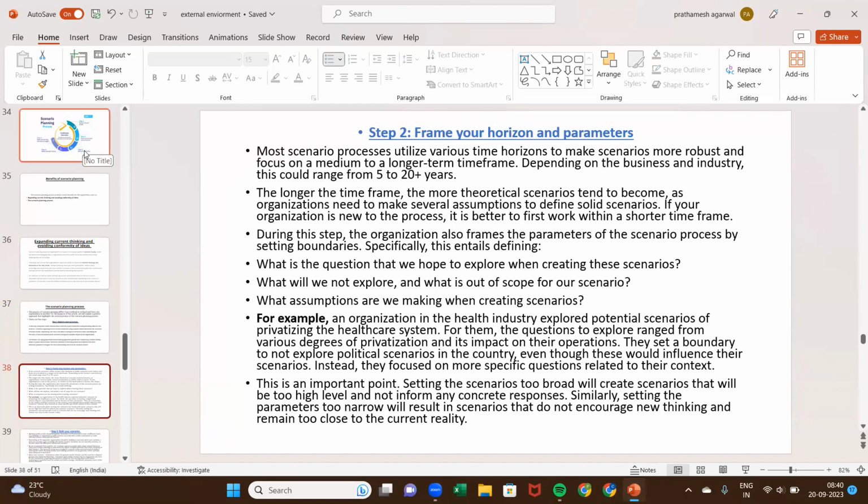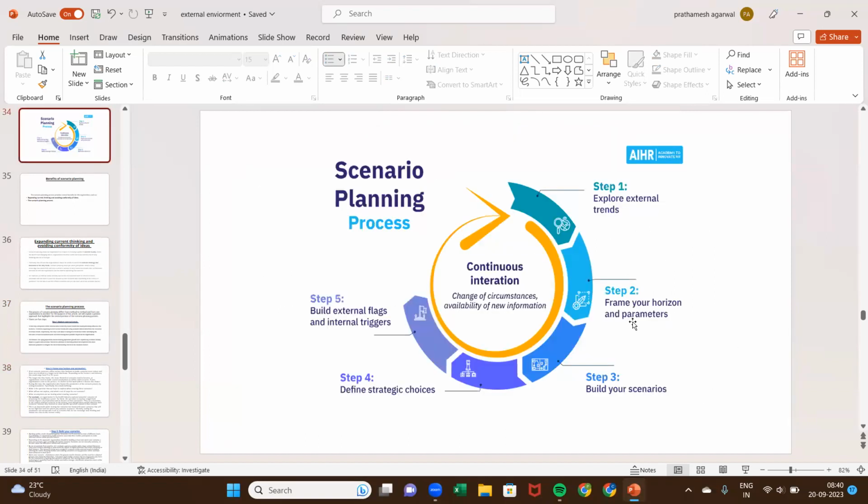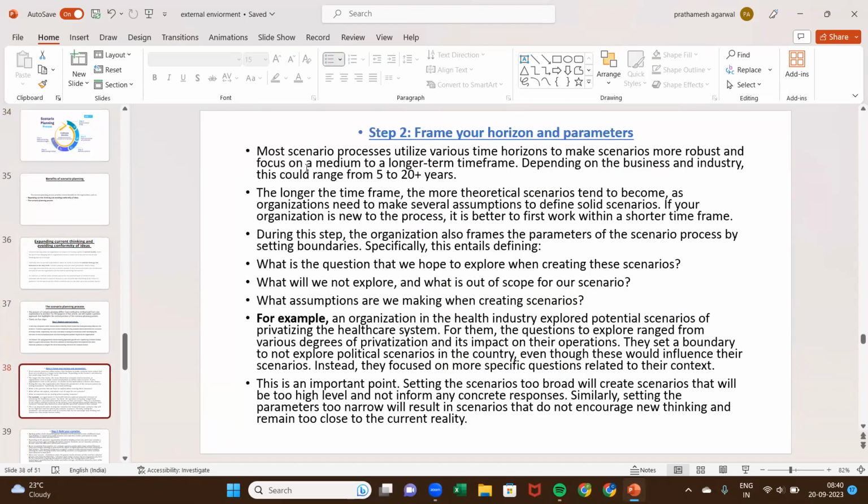Second is frame your horizon and parameters. Most scenario processes utilize various time horizons to make scenarios more robust and focus on a medium to longer term time frame.